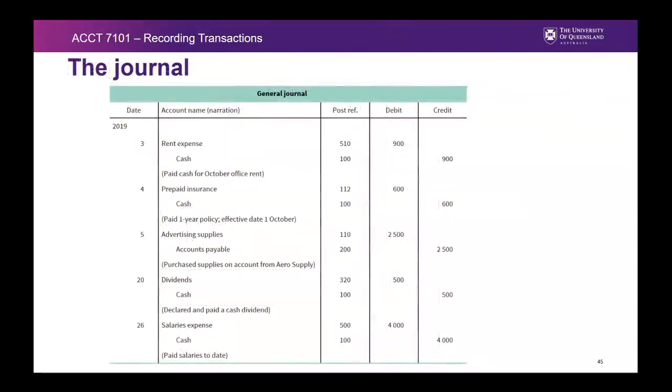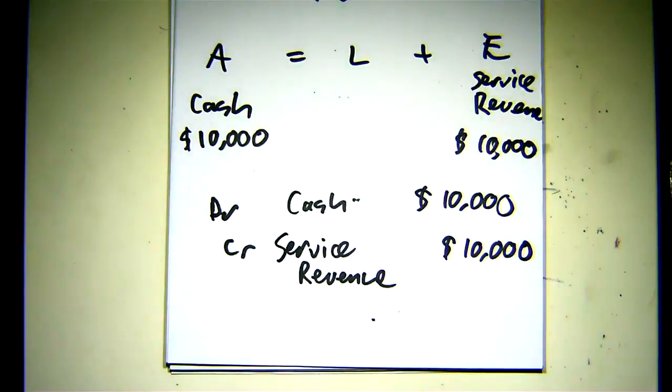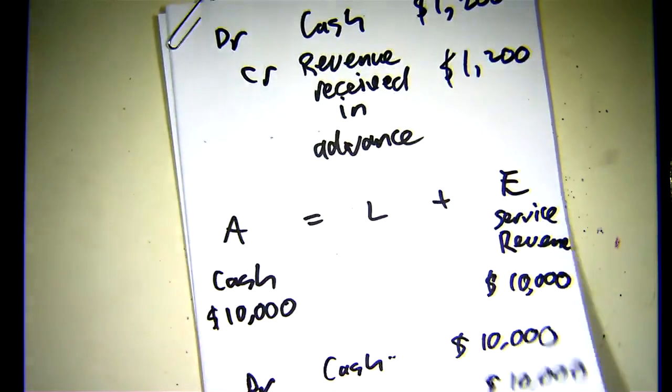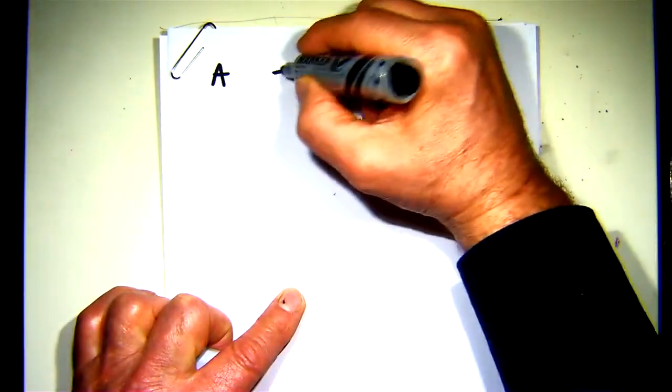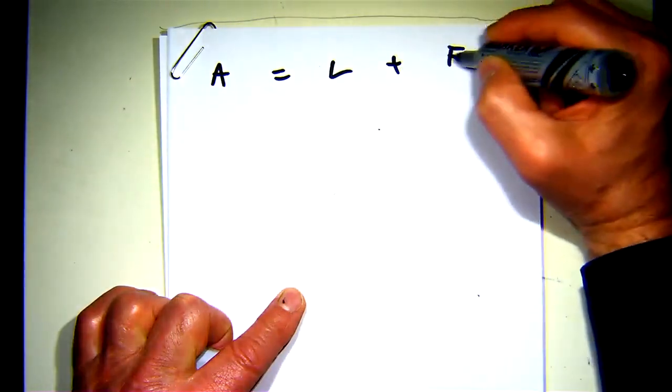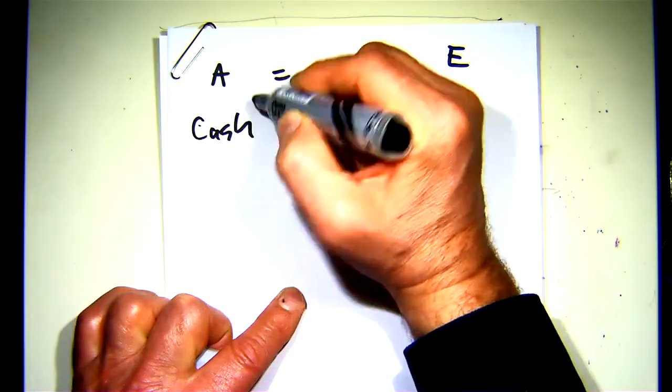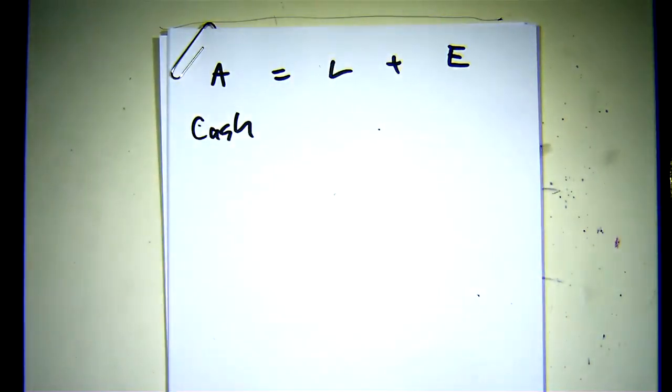So we're up to, we pay cash for office rent. So we're recognising a rent expense and we're paying it. So what was the amount? I can't remember.